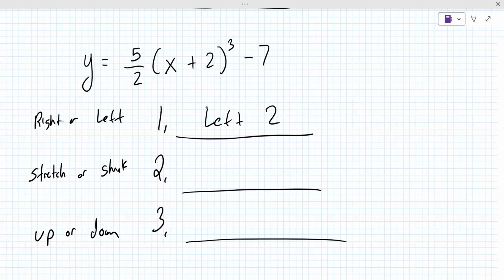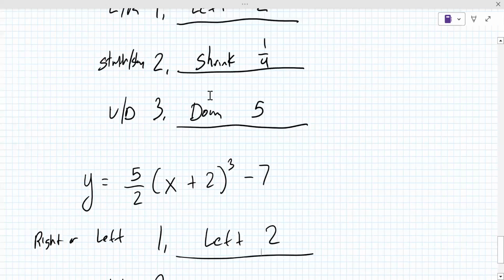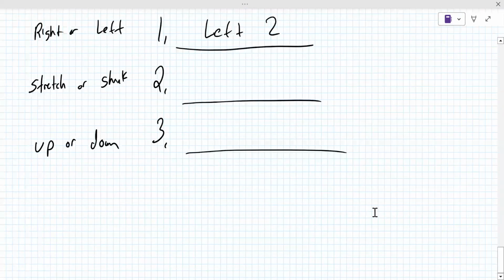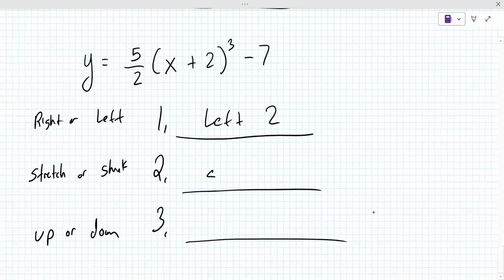Because it's a fraction. That's not how you decide it. Let's go back and look at how you decide. It depends on whether the number is bigger than 1 or between 0 and 1. Ah, wait, that's a stretch. Stretch, 5/2. And for up or down, that 7 right there is down 7.